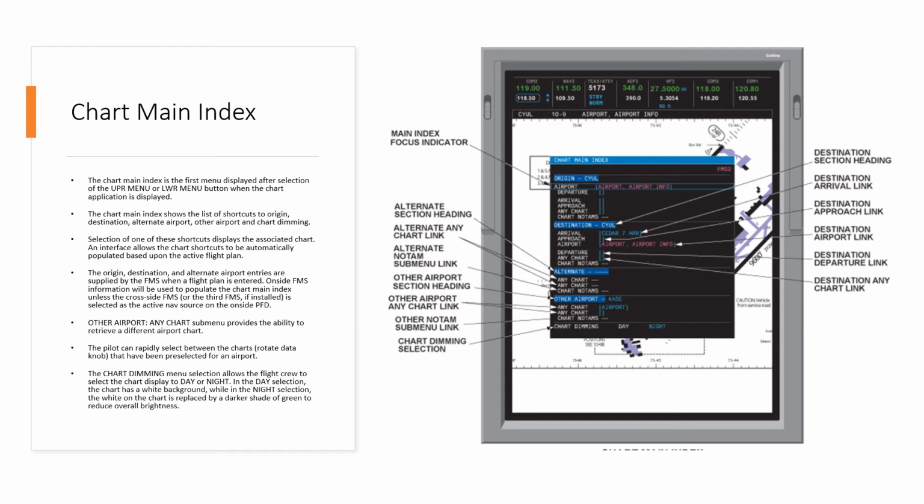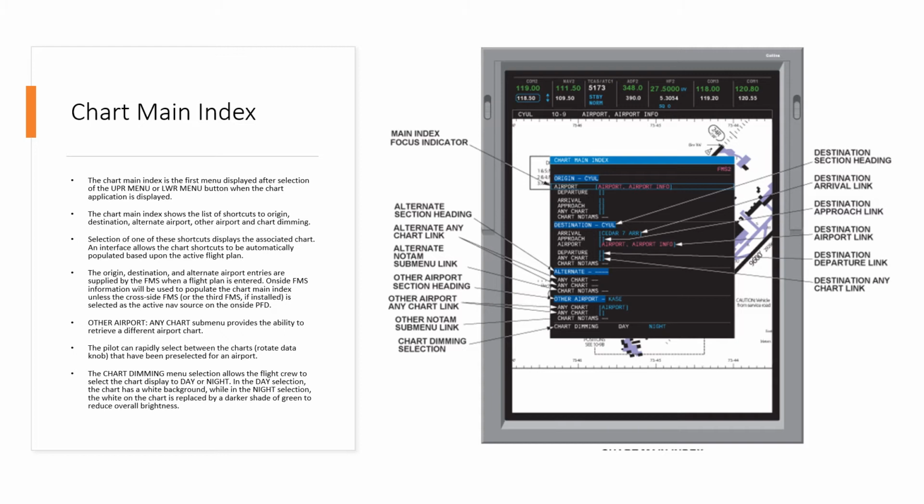The origin, destination and alternate airport entries are supplied by the FMS when the flight plan is entered. On-side FMS will be used to populate the chart main index unless the cross-side FMS or the third FMS, if it's installed, is selected as the active nav source on the on-side PFD.